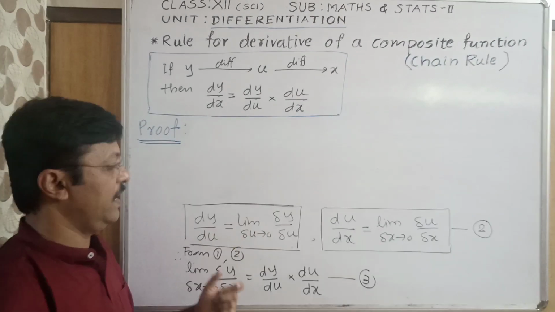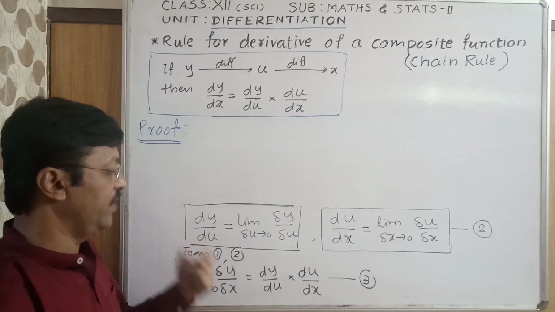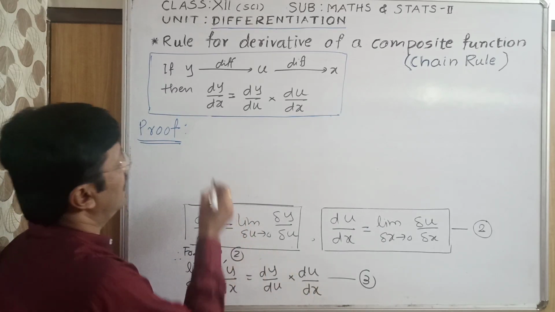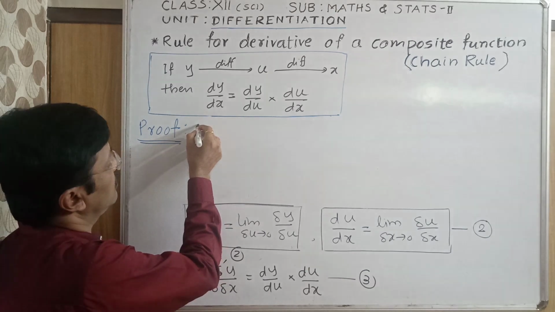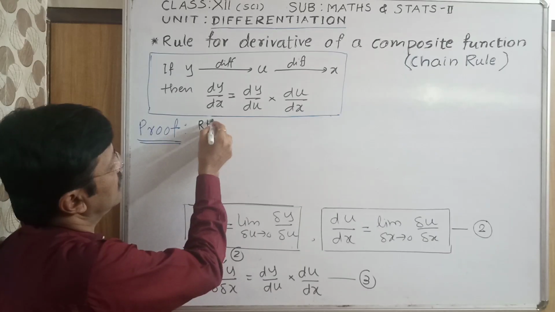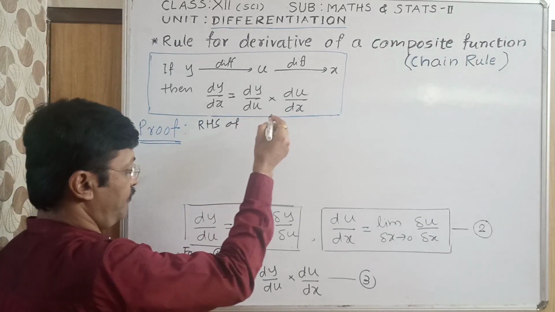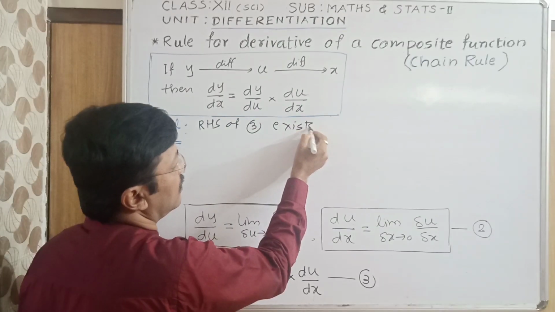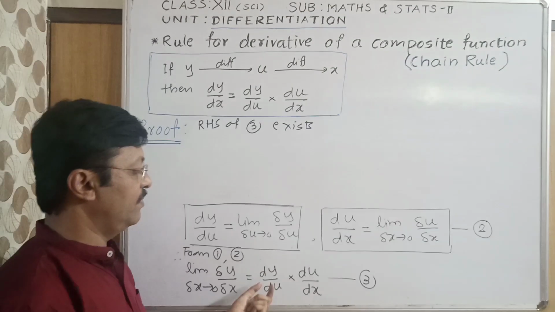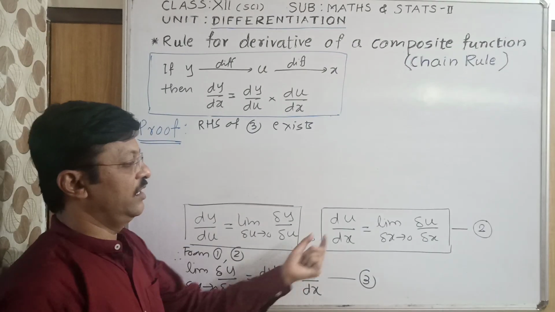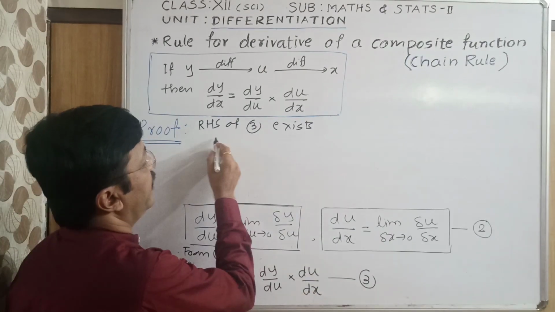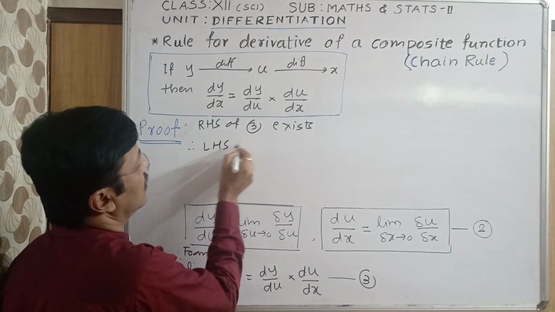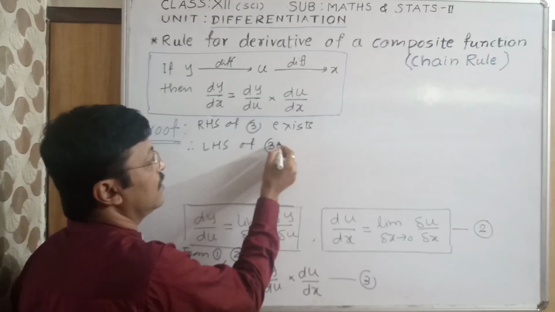From 2 and 3 we can say, from 3 itself, that the RHS of 3 exists, because you know that dy by du exists and du by dx exists. Therefore the LHS of 3 must exist.